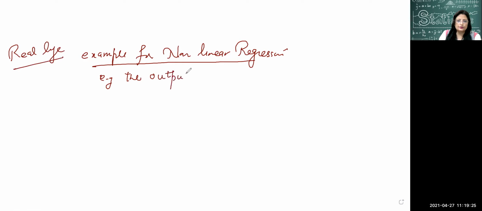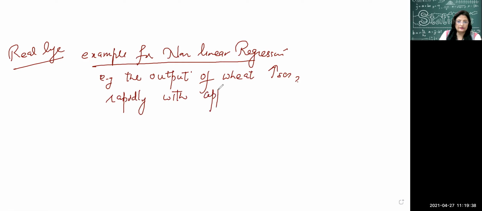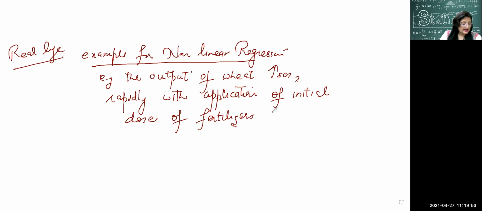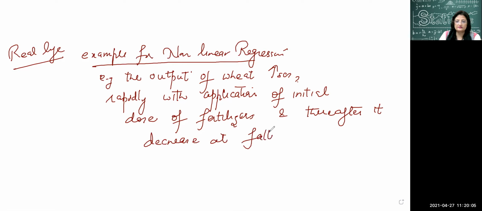For example, the output of wheat increases rapidly with the application of initial dose of fertilizers, and thereafter it decreases at falling rate, right?